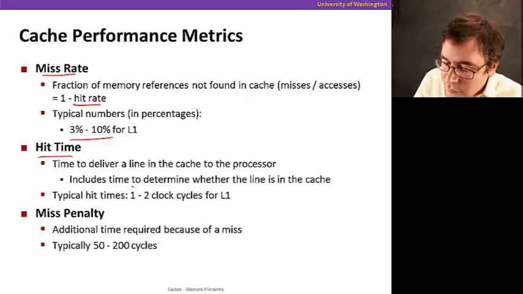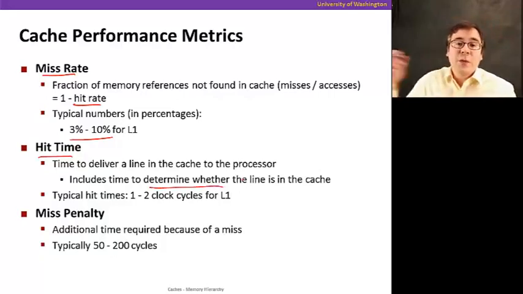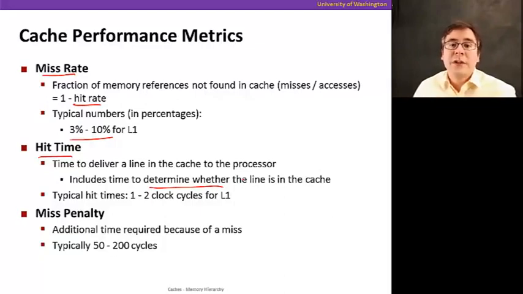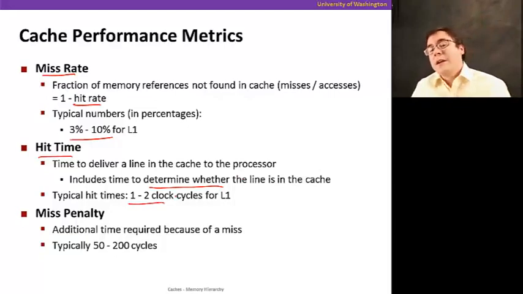That also includes the time to determine whether the line is in the cache or not. That's why in the previous example we included the hit time even when computing the overall average. The typical hit time for L1 is between 1 and 2 processor cycles. That means that the L1 cache is very, very fast.